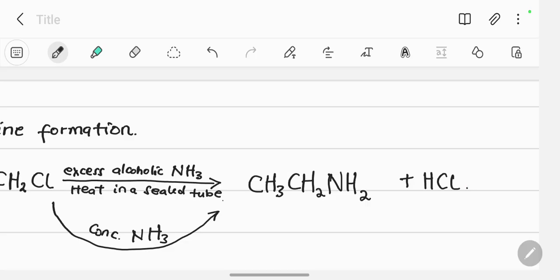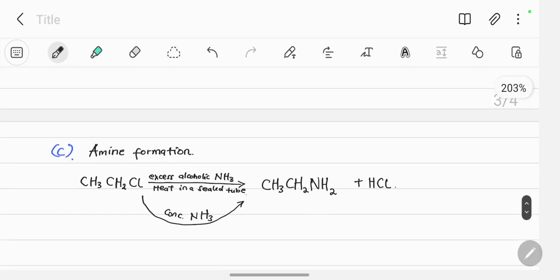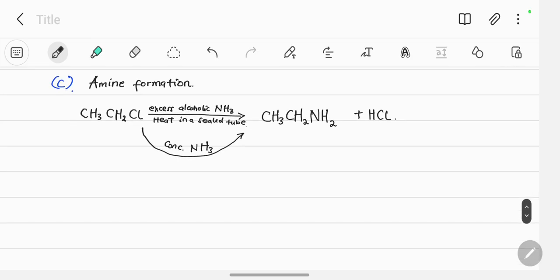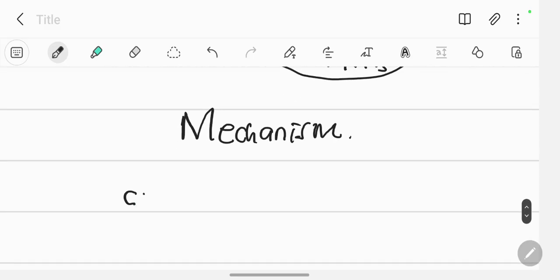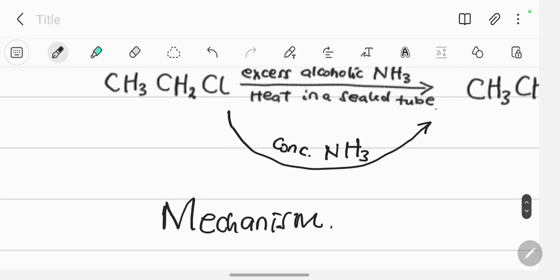So we have our substitution reaction, and this one is the substitution dimolecular reaction. Why? Because in our mechanism, we shall have CH3, CH2, and chlorine.